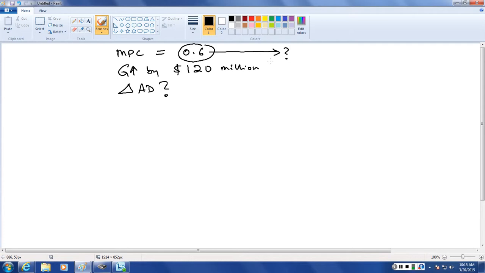Pardon me? The worker savings? No, certainly not. The MPC is how much they spend of every dollar increase in their income. Is that correct? That's what the marginal propensity to consume means. We're not talking about the marginal propensity to save.